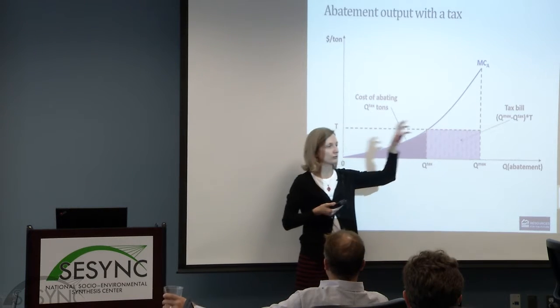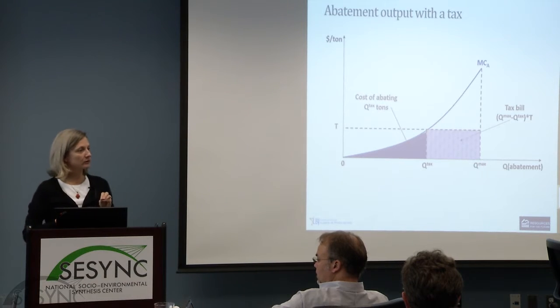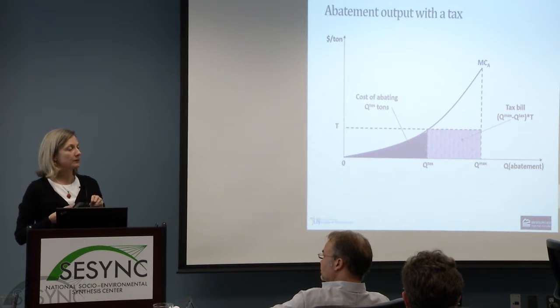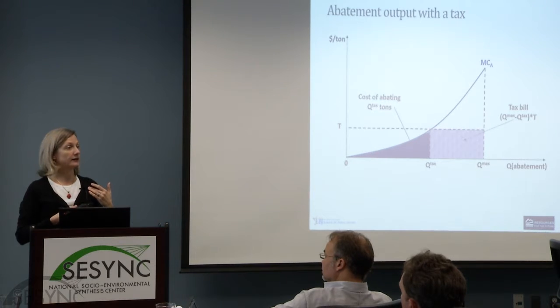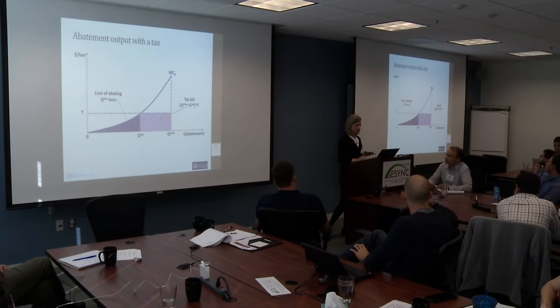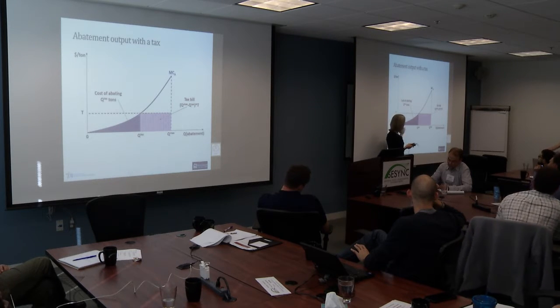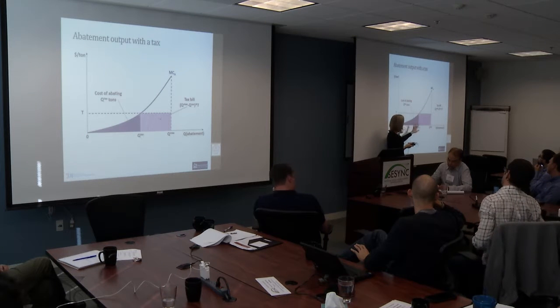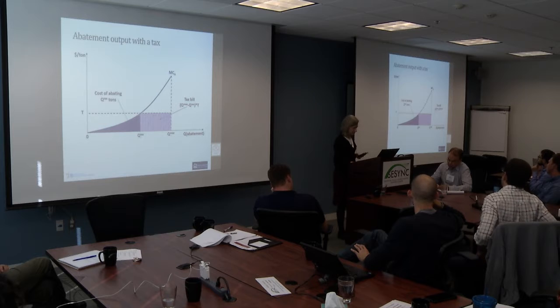This is money that I move from one pot to another. It may take away from the real resources that the firm has in its pocket, but as far as social costs go, I'm not increasing social costs by the amount of the tax. I'm only transferring money. So the tax passes our test of being cost effective. It has some downsides. We get this uncertainty over the quantity of abatement that gets delivered, and firms are not going to be happy with their tax bill. Other than that, the tax can be a good thing.